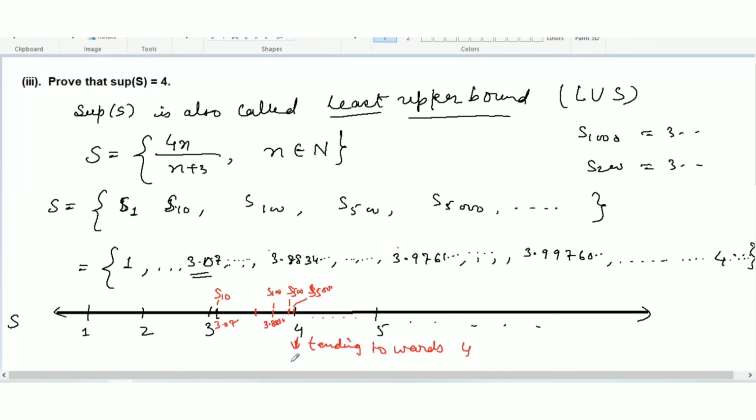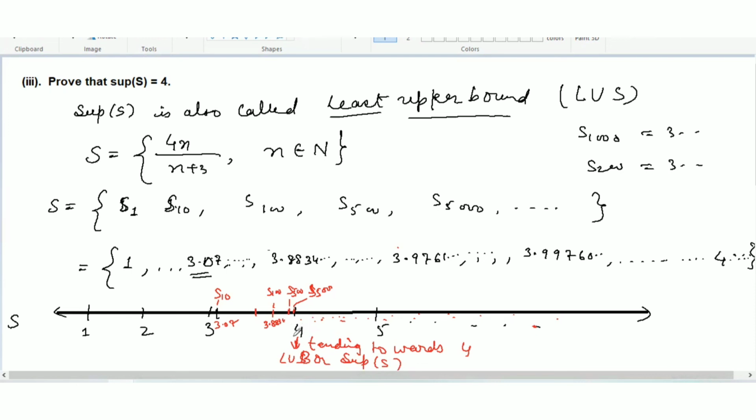This 4 is the least. All the upper bounds will be there, but this is the least of all upper bounds. That's why this is called the least upper bound, LUB, or the supremum of S. So 4 is also an upper bound of S as well.